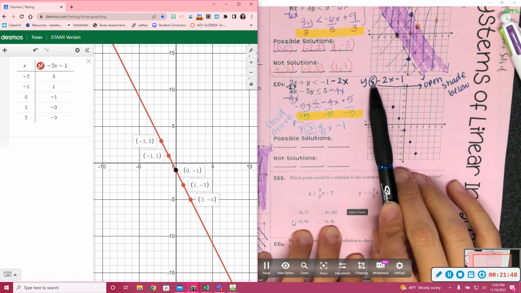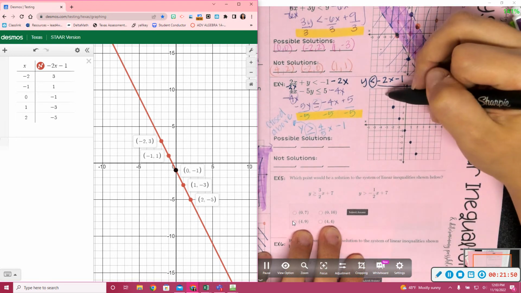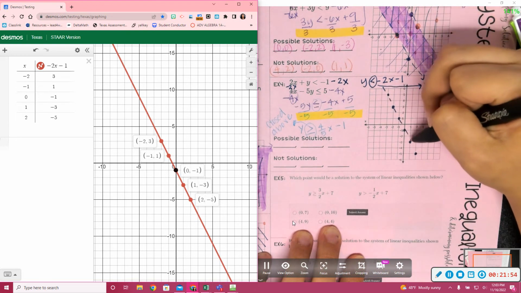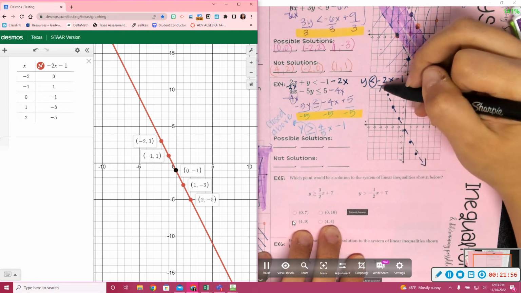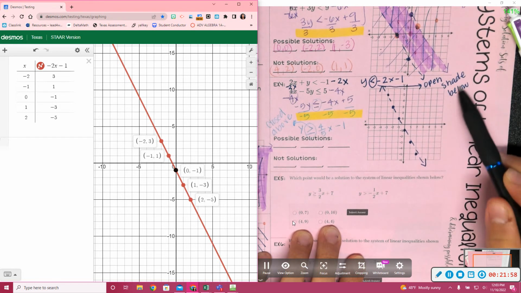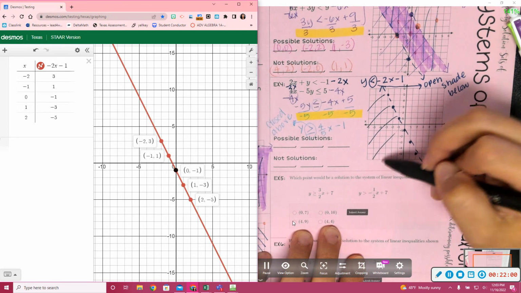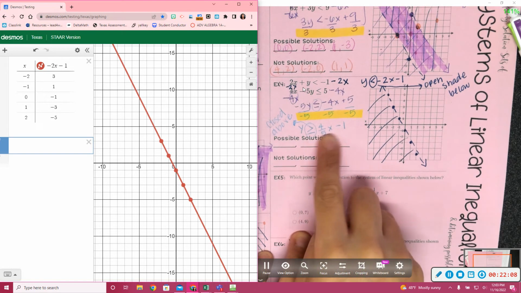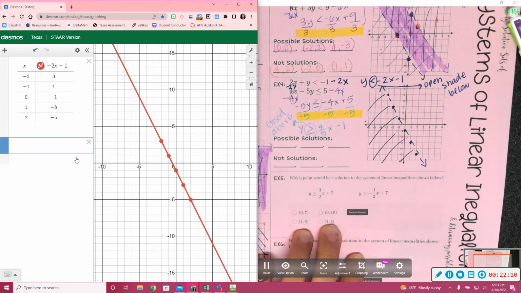It's going to be an open line. Assuming the next point's there. And I'm shading below. Very rough sketch.